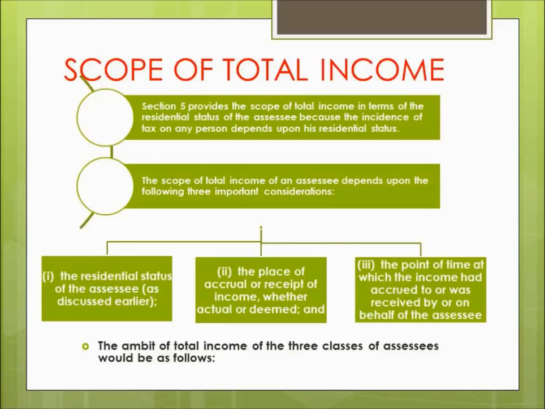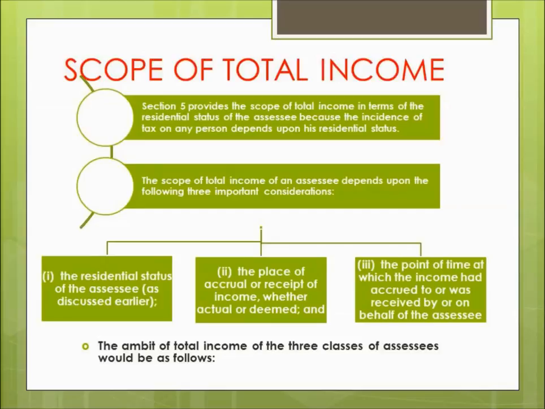So, the residential status of any person will determine whether the income earned by him or her will be taxed or not, and whatever income he or she is earning, whether that will come under the ambit of total taxable income. So Section 5 puts all the emphasis on the residential status of the assessee.